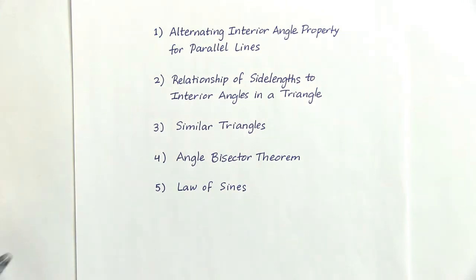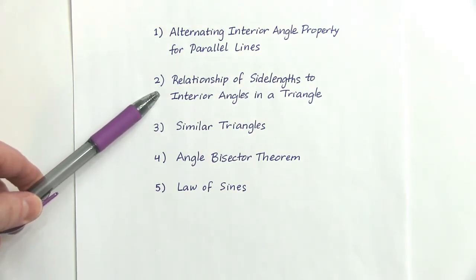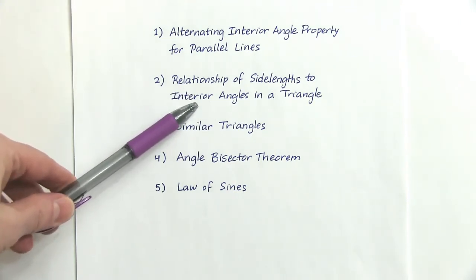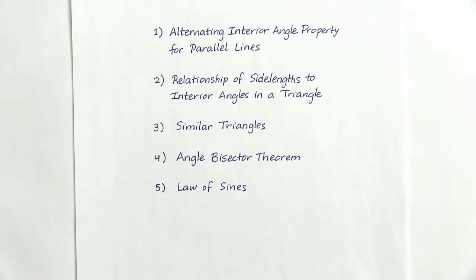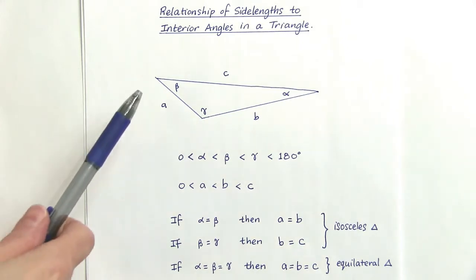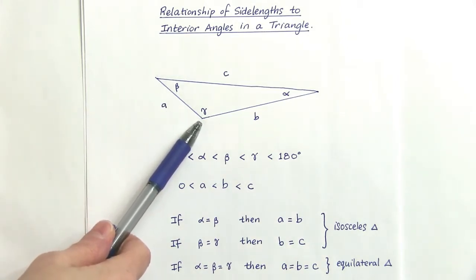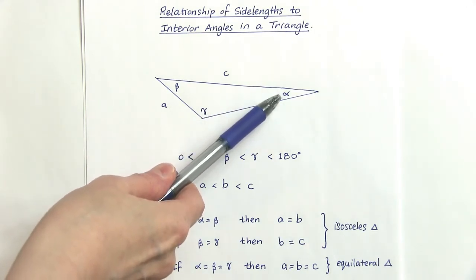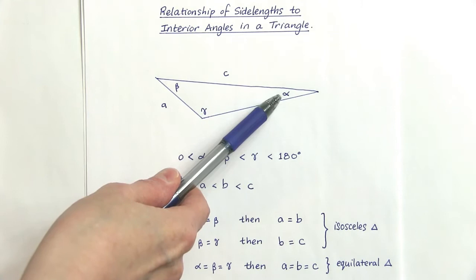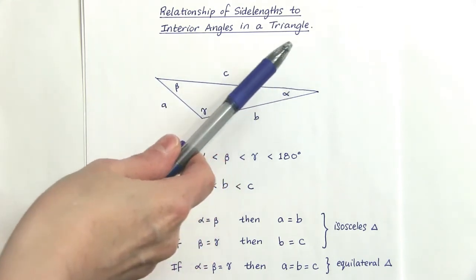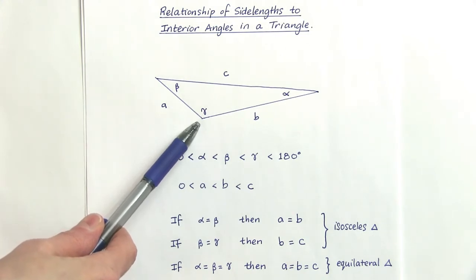The second property on our list tells us how to relate the side lengths of a triangle to its interior angles, like this. The shortest side of a triangle is always opposite the smallest angle, and the longest side of a triangle is always opposite the largest angle.